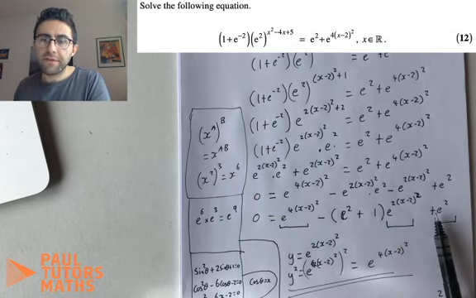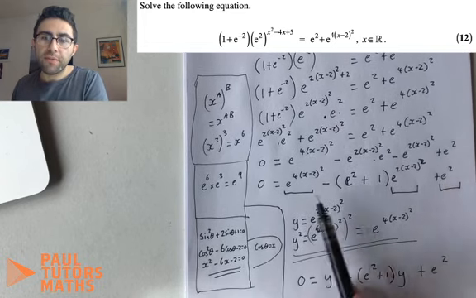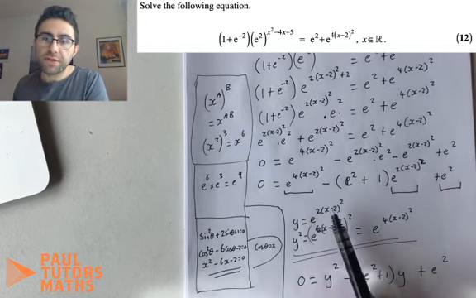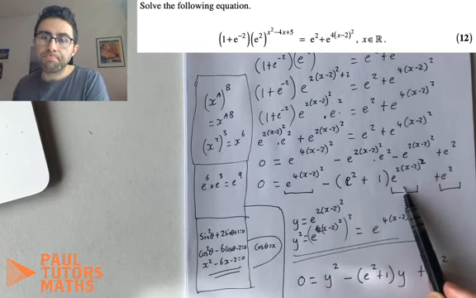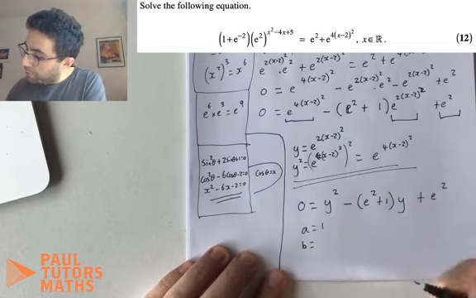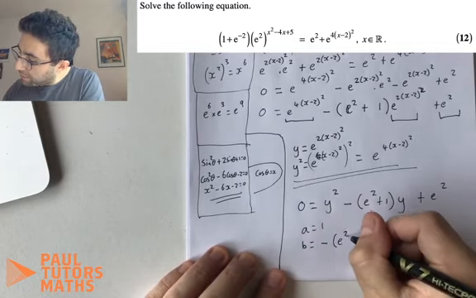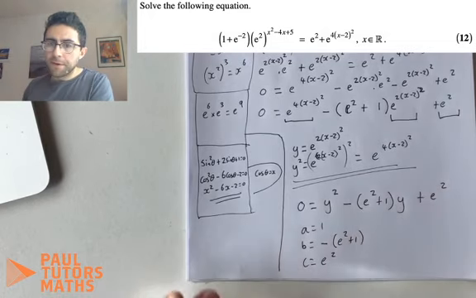Suggestively wrote it like this, because it looks like it's in a form where we can make substitutions. y equals just this thing. If you do that and you square it, you end up with this thing. Therefore, that's a quadratic. a equals 1, b equals minus e squared plus 1, and c equals e squared.